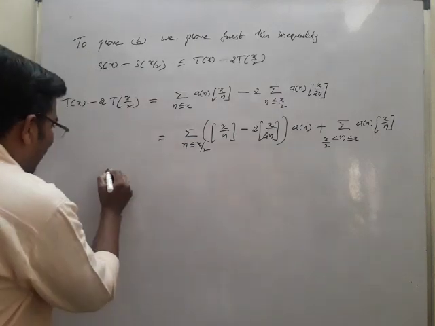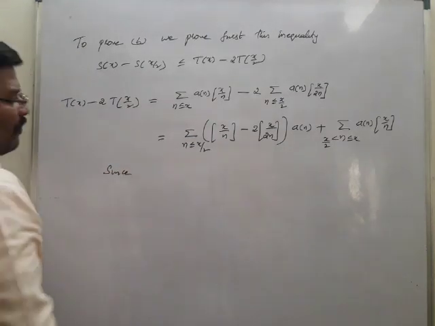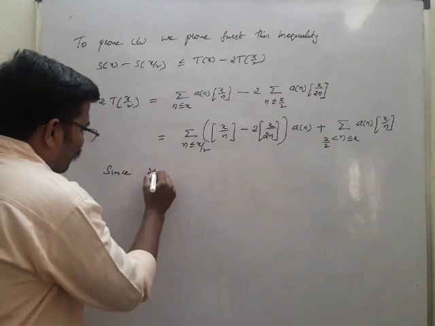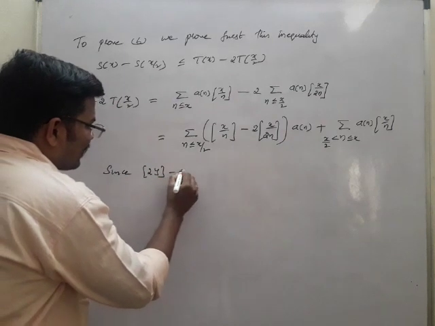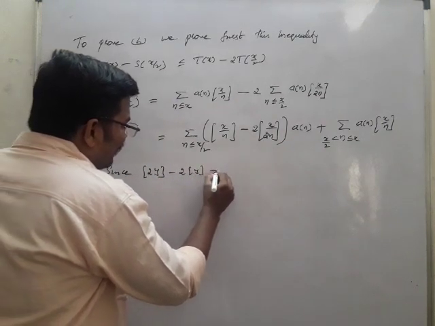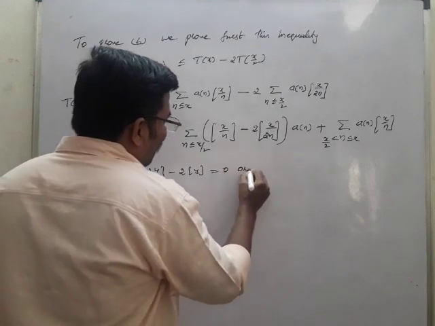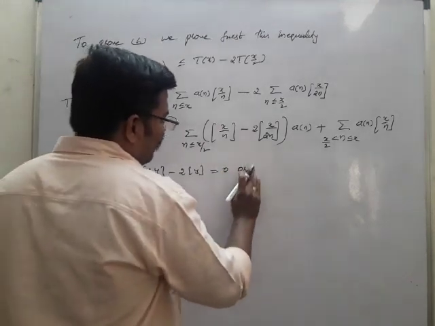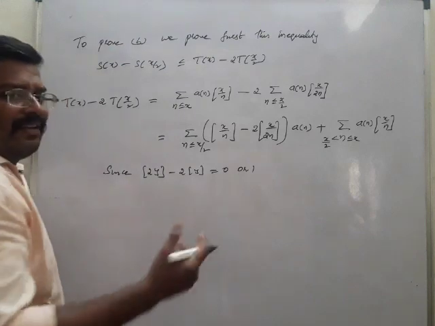Since we have another important point, that 2y minus 2 into y may be equal to 0 or 1, it may be 1 or 0, you can find out anything.